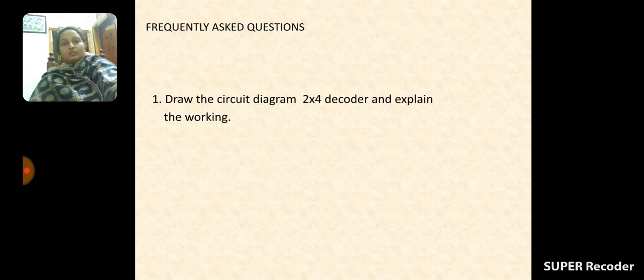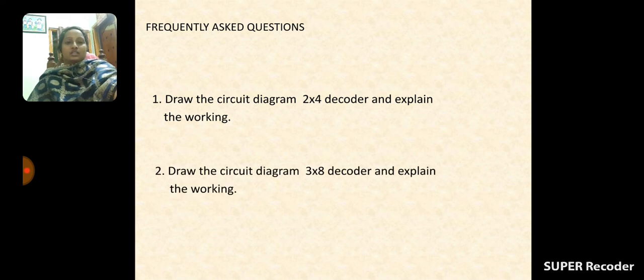Okay, coming to the next, the previously asked questions, simply the important questions. In your previous question papers, you get questions like this. Explain about 2 by 4 decoder. It is a long answer question. Draw the circuit diagram and explain. If they ask only the symbol, then that is a 3 marks question. And define decoder, that is a 1 mark question.